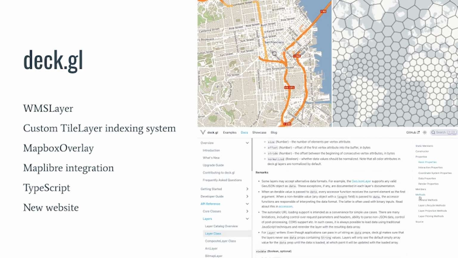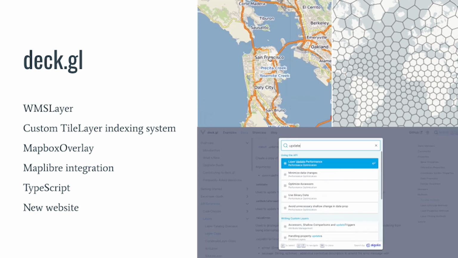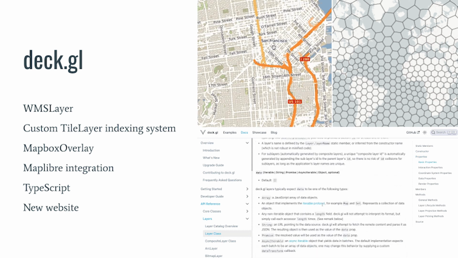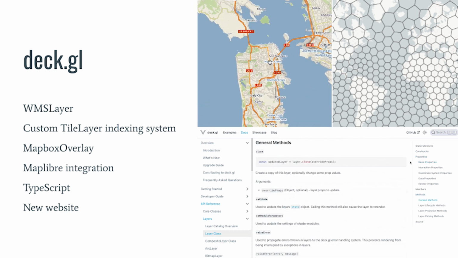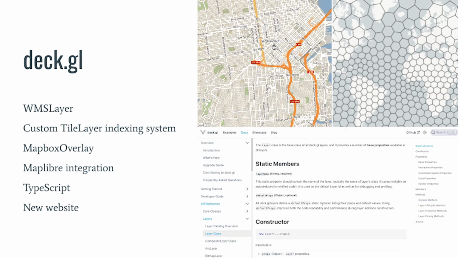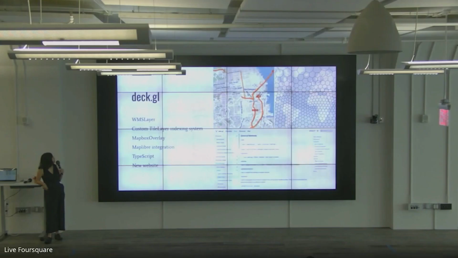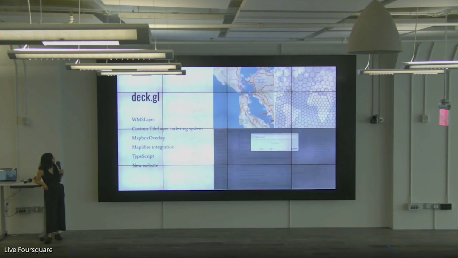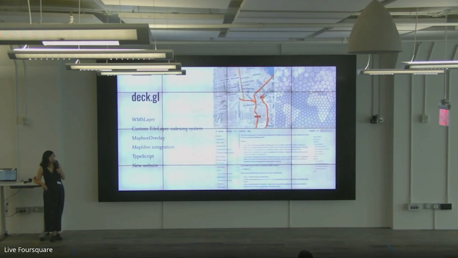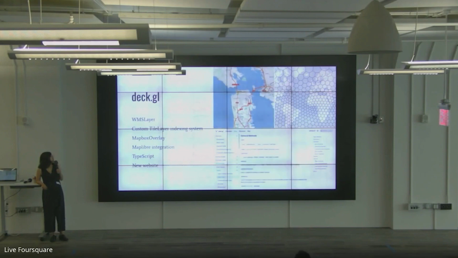A few other new features. So we have the new WMS layer, which talks to a WMS server to load raster map imagery based on the viewport that you are currently looking at. We shipped the custom tile layer indexing system, so tile layer is no longer bound to the OpenStreetMap scheme.